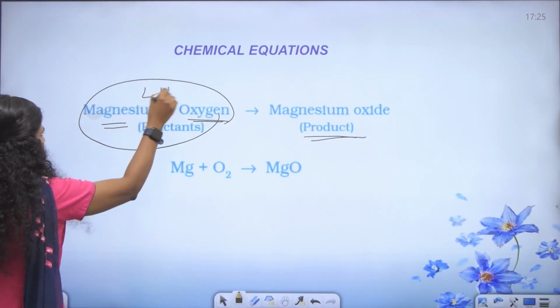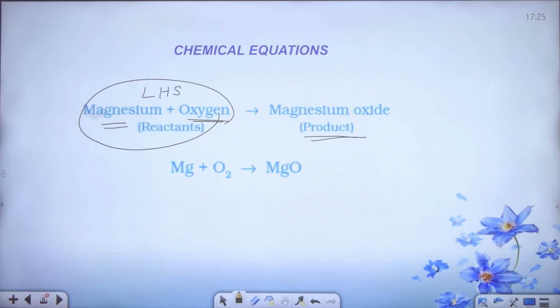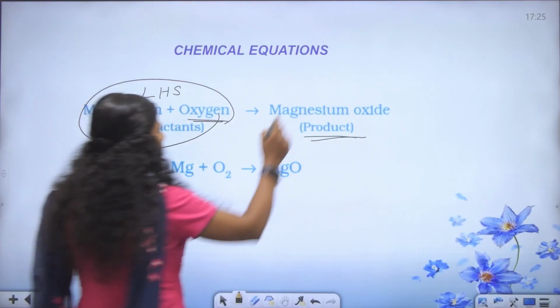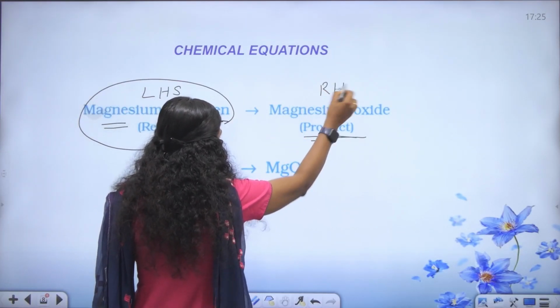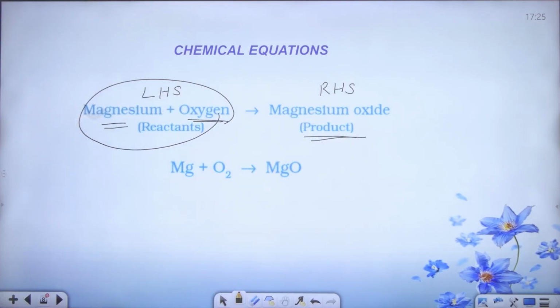Similarly, products are written on the right hand side. Reactants are written on the left hand side and products are written on the right hand side. And a plus sign is placed between them.